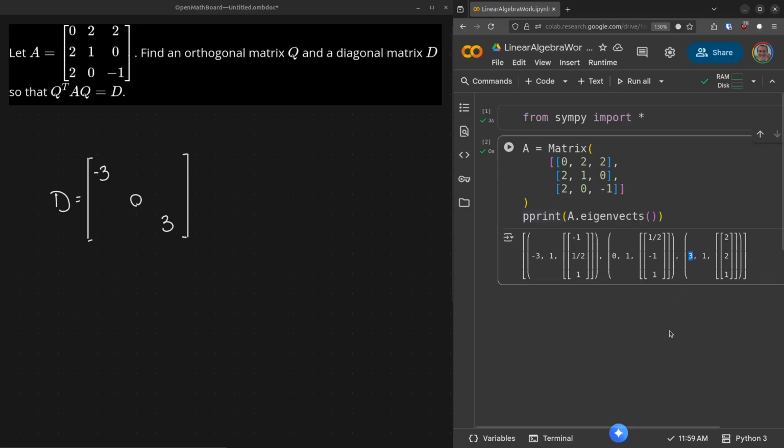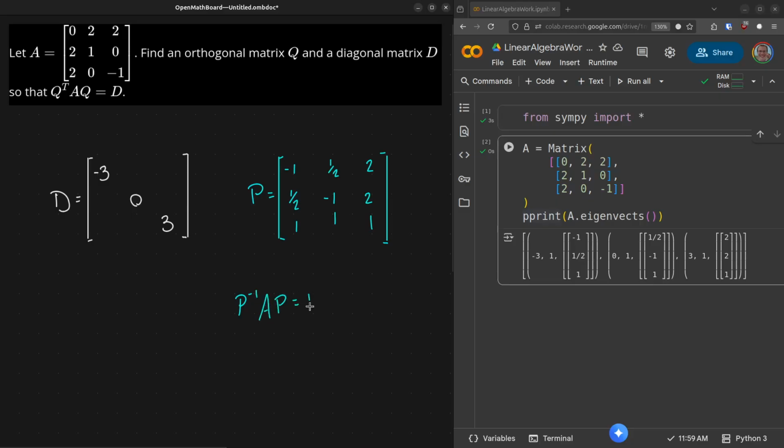Right? Now, we learned when we diagonalize a matrix, we could just take the eigenvectors as columns of a matrix P, and then P inverse AP is equal to our diagonal matrix D. All right?